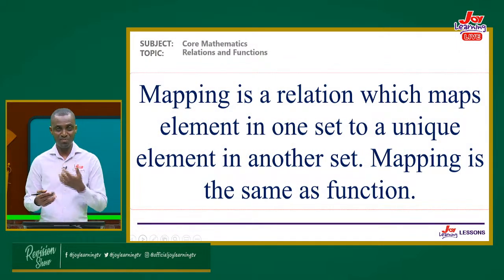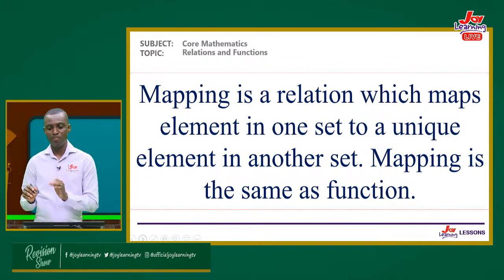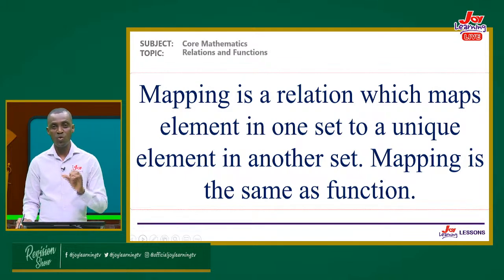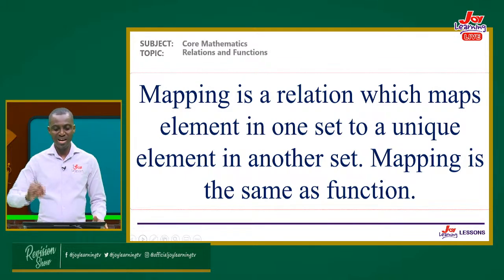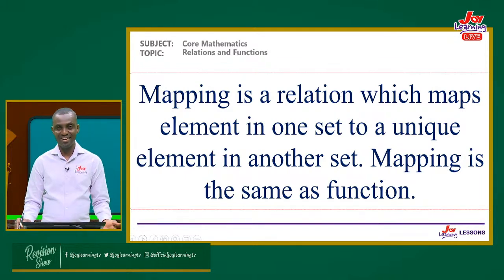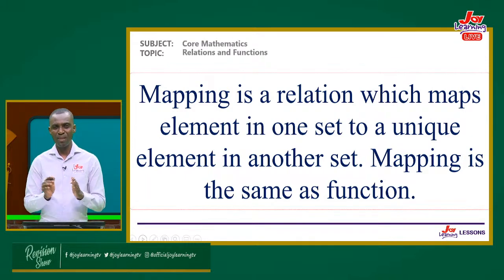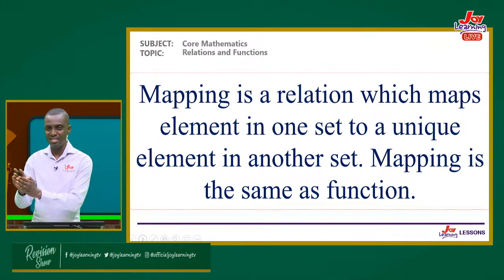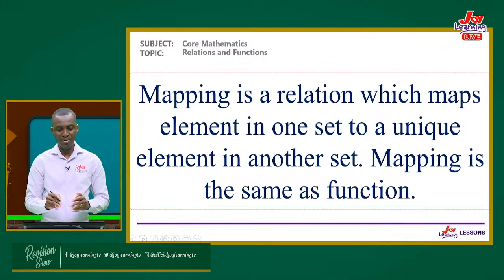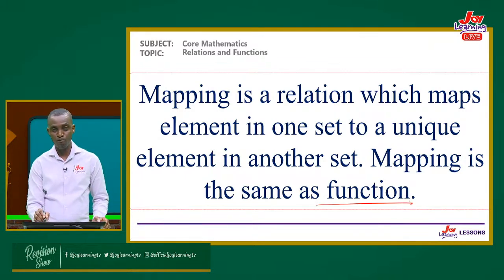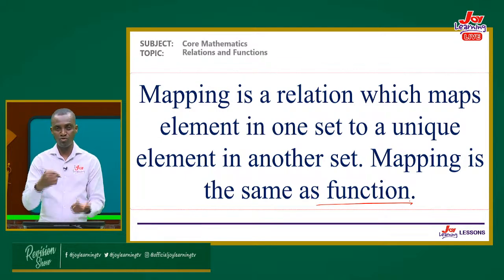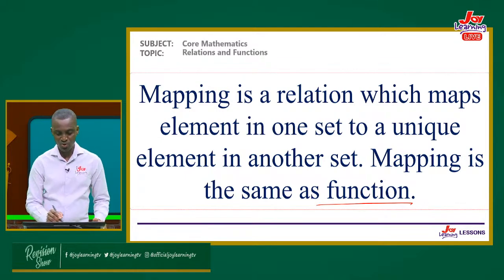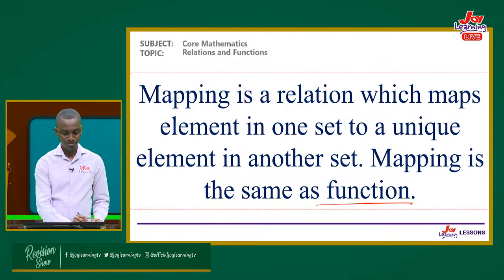Mapping is more or less like relation, but we are saying mapping is a relation which maps elements in one set to a unique element in another set. That means mapping is specific. Mapping is the same as function. When we talk of function, we will come back and refer to it, and they are the same.